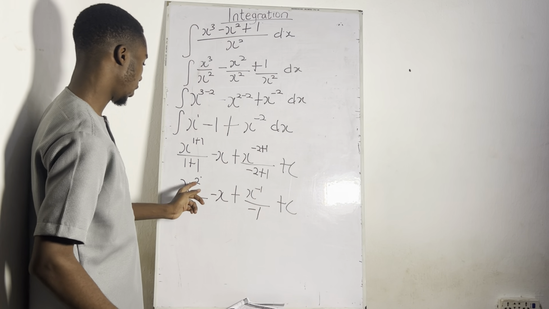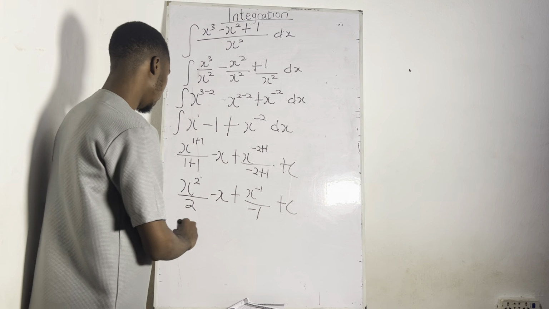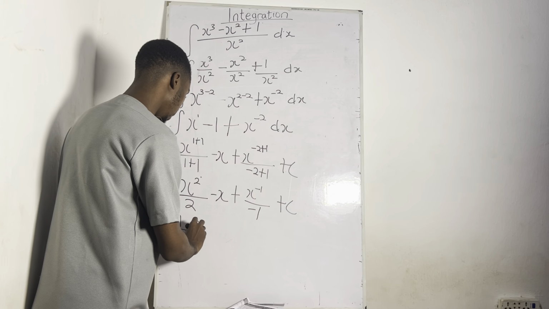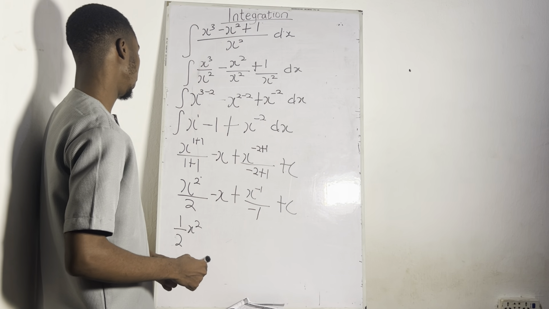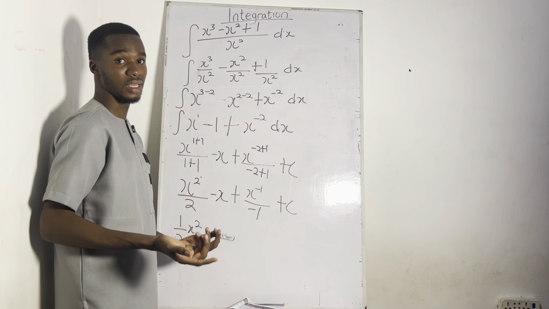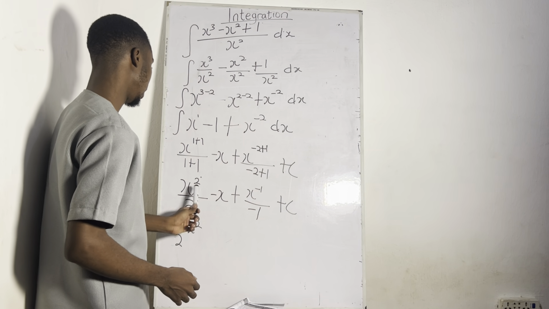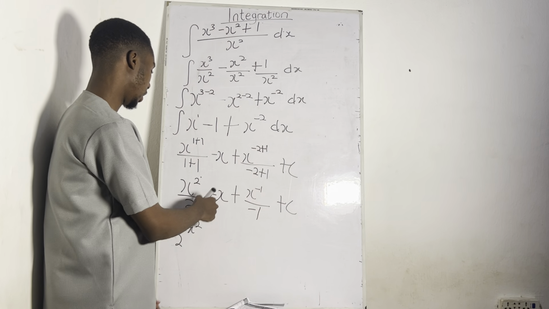So you have x squared over 2. This is the same as 1 over 2 x squared. You get it? Because 1 times x is x. So 1 times x will still give us x, right? Then over 2. Then the square comes there.